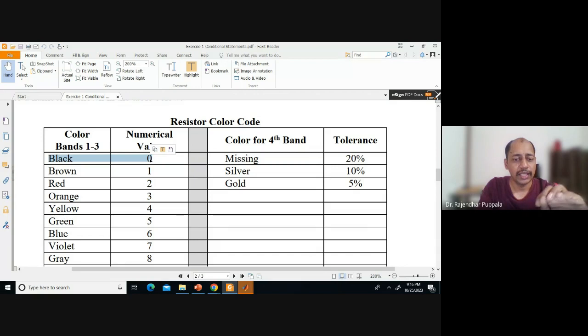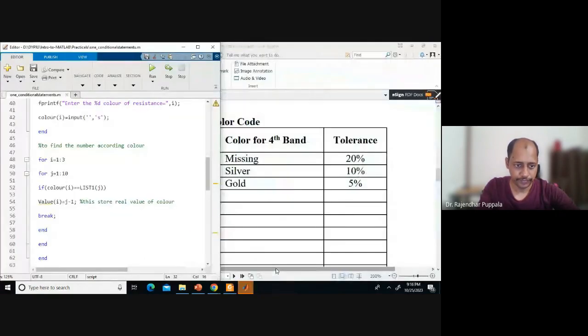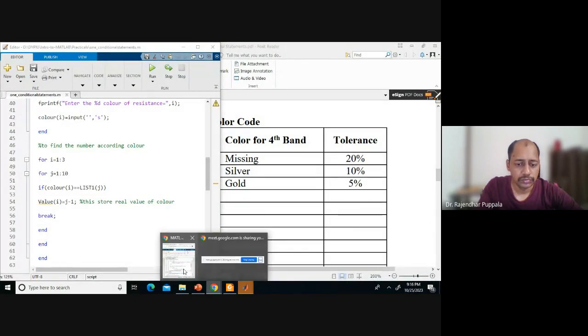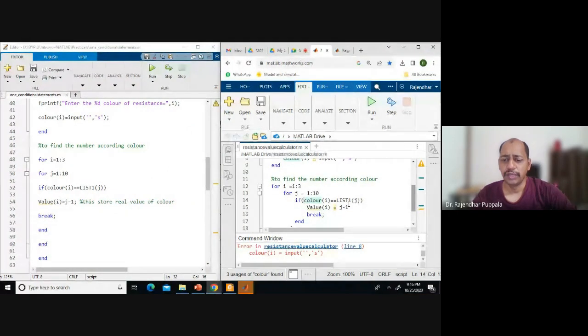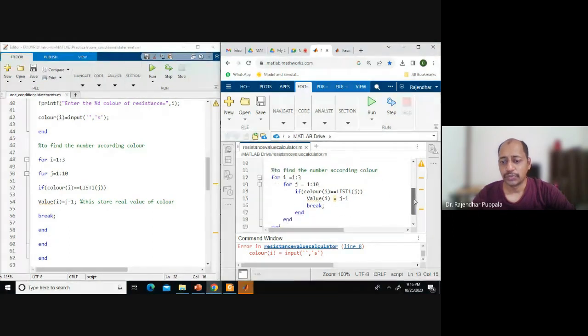That is minus 1, right? So if your given color is in list 1, you are giving the value equal to j minus 1, right?